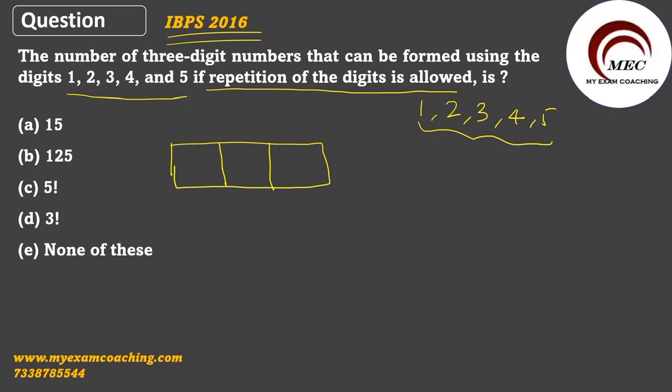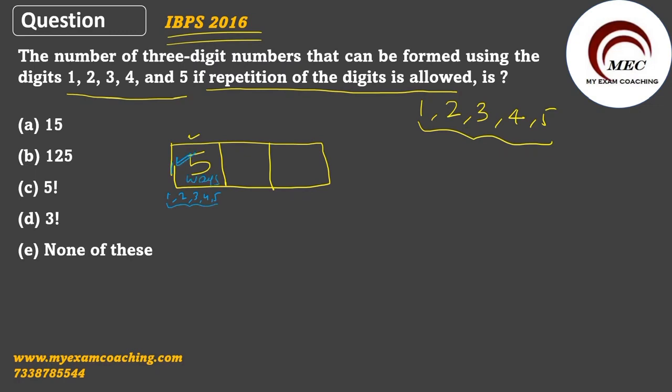Any number I can take in the first column, that means I can take it in 5 different ways. I can take 1 here, 2 here, 3, 4 or 5 here. I can start a number using any of the digits 1, 2, 3, 4 and 5.